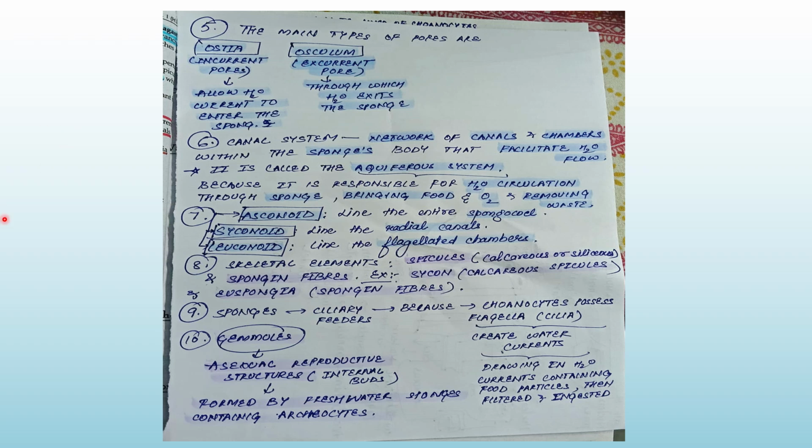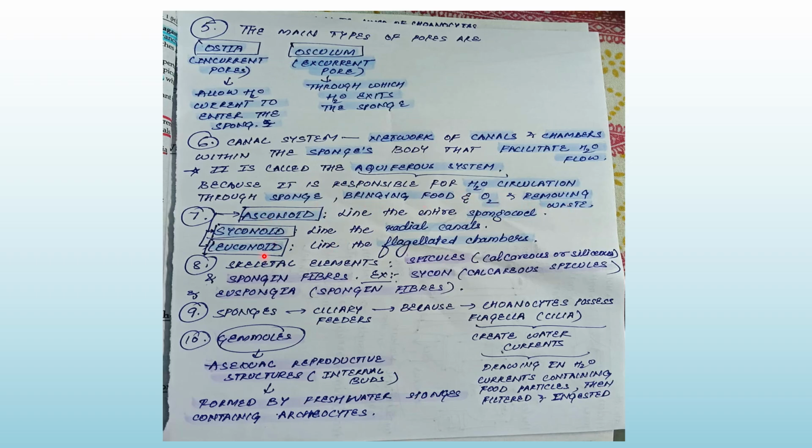The answer to the next question is where you have to explain the canal system. I have explained in short, but in the exam you have to properly explain it. The canal system is a network of canals and chambers within the sponge's body that facilitate water flow. It is also called the aquiferous system because it is responsible for water circulation through the sponge, bringing food and water and removing waste.